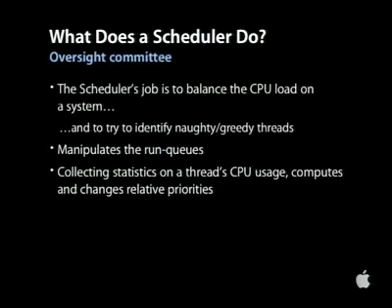Logically, you can think of it as a run queue per priority in the system, and then if one thread is runnable, it's at one location in the run queues, and the scheduler just manipulates the locations in the run queue. Also, the scheduler collects statistics so that you can do things like top and latency and a number of other tools so that you can find out what the system is really doing for and on your behalf.